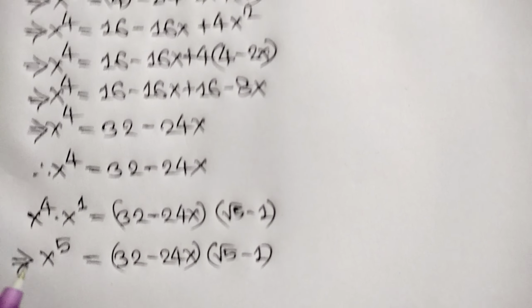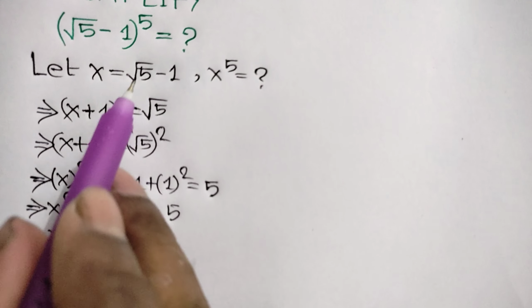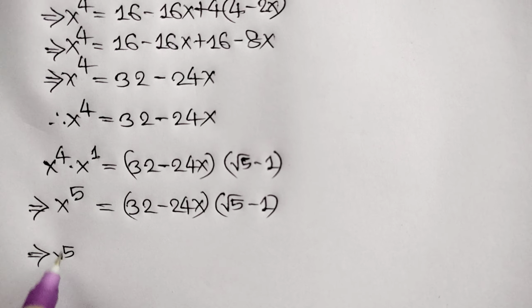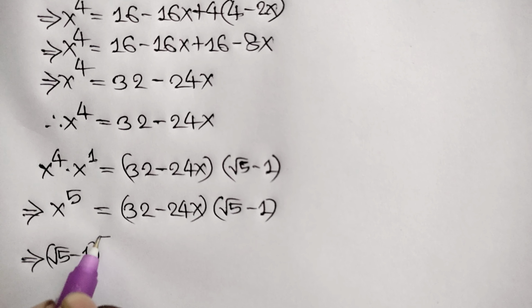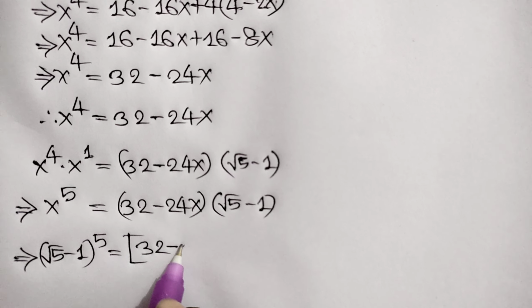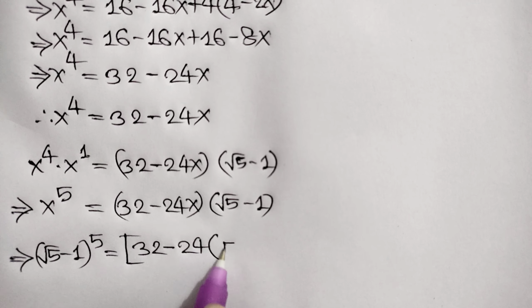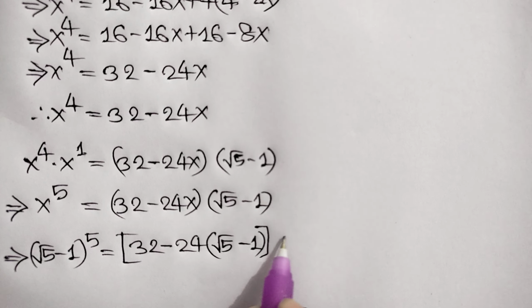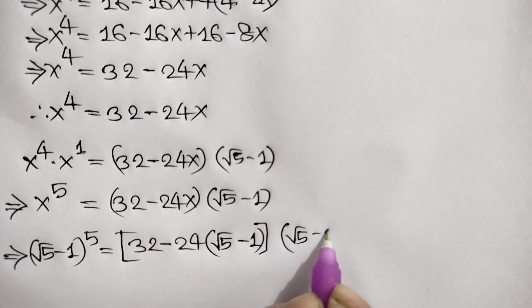Now remember, let x = √5 − 1, so (√5 − 1)^5 = (32 − 24 times x) times (√5 − 1), that means (32 − 24(√5 − 1)) times (√5 − 1).